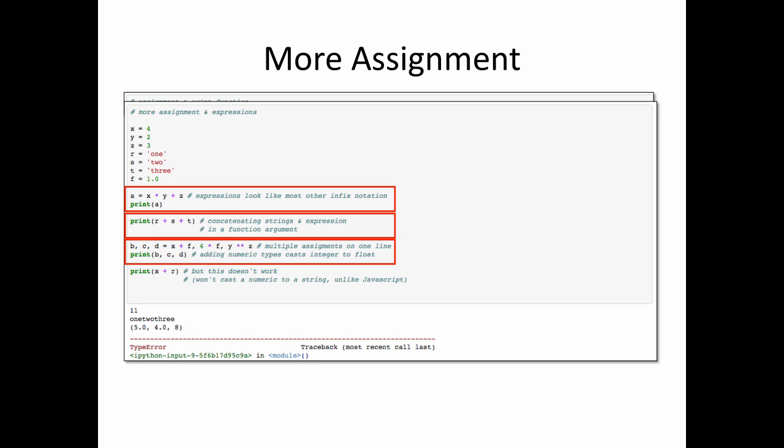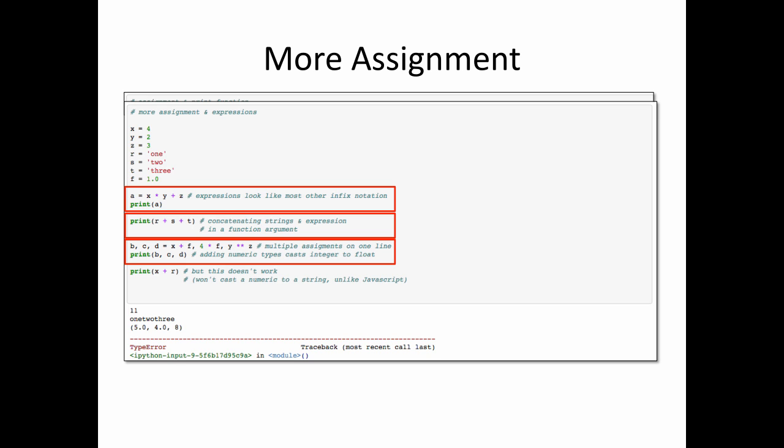You can put multiple assignments on a single line if you want. Of course, this does not necessarily make the statements readable, but you can do it. Here I have three variables, b, c and d, and you can write three expressions that correspond to each of the variables.